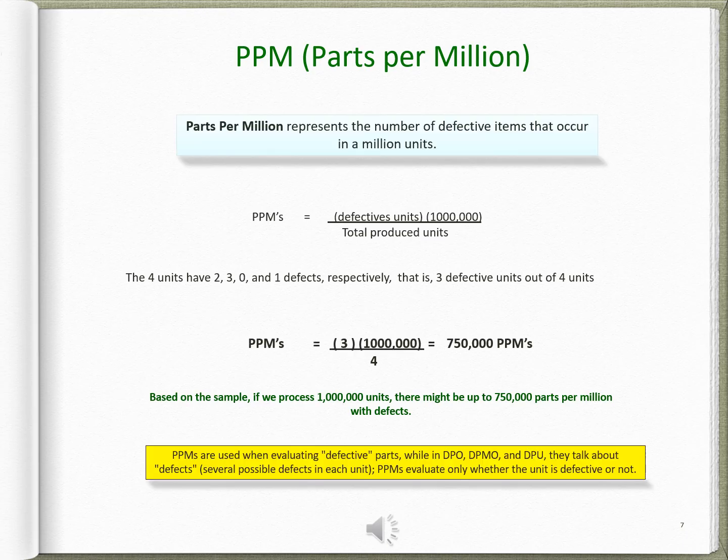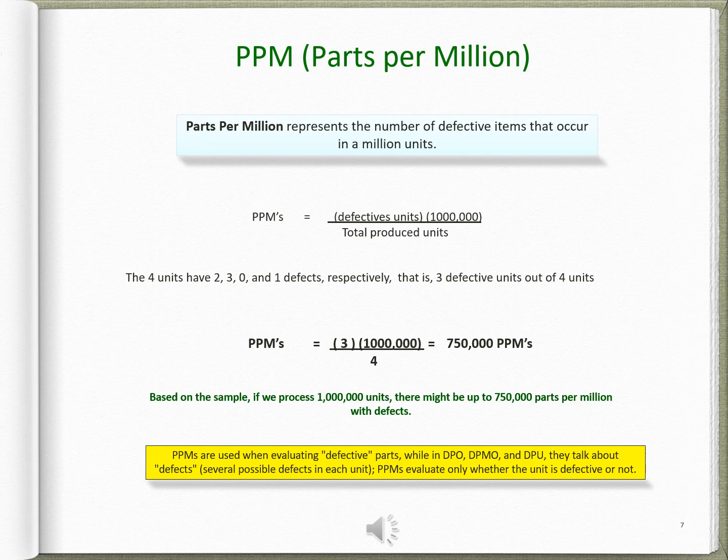PPM stands for parts per million. It represents the number of defective items that occur in a million units. PPM is obtained by multiplying the number of defective units in the sample by 1 million, and then dividing the product by the total number of produced units, that is, the sample size. In our example, the 4 units present 2, 3, 0, and 1 defects. That is, 3 defective units out of 4 units in the sample.